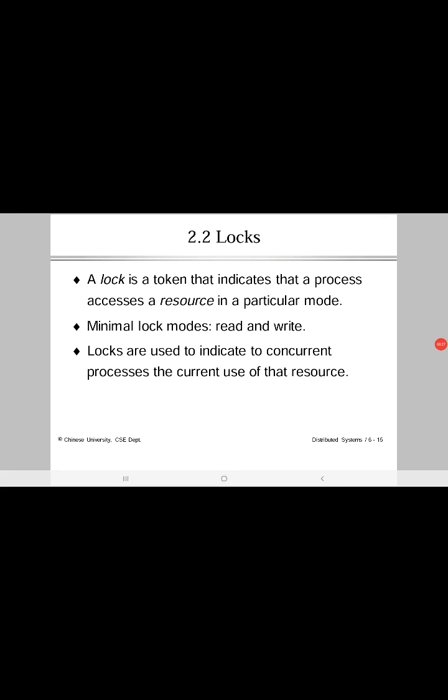So what is a lock? A lock is a token that indicates that a process accesses a resource in a particular mode. So to avoid concurrency problems in DBMS or any RDBMS applications, we may use the concept called locks.